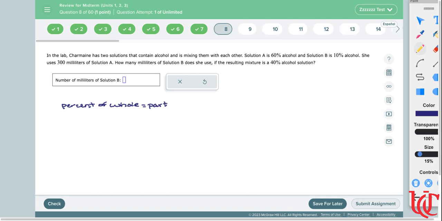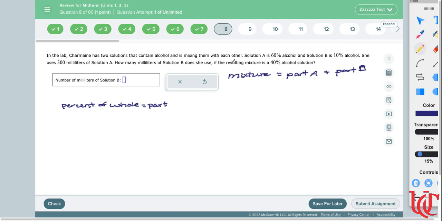So result, mixture, equals part A plus part B. Because that's what we're putting together into that big box or beaker that we're mixing the stuff.